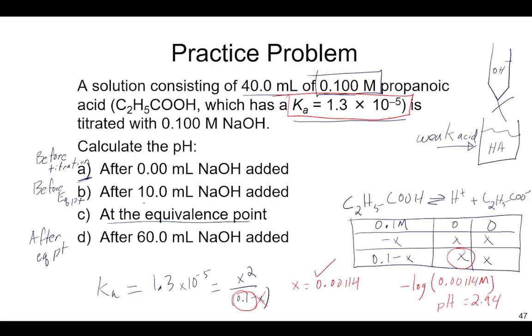Okay, part D of this problem, after 60 mL of sodium hydroxide have been added, well, moles acid, moles base. Moles of acid is still, thinking about this, 0.004 moles of my acid.